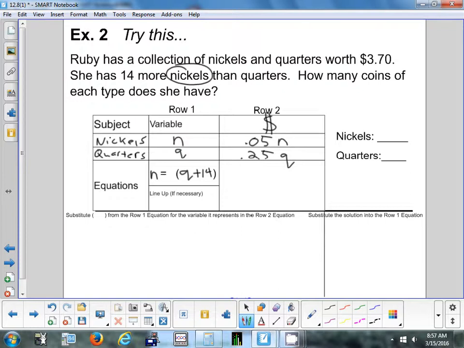Now, equation 2 is for the amount of money. What operation did Mr. Roy say "and" was? Addition. What are the two things that we need to add?